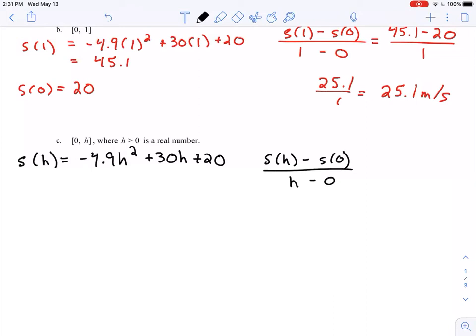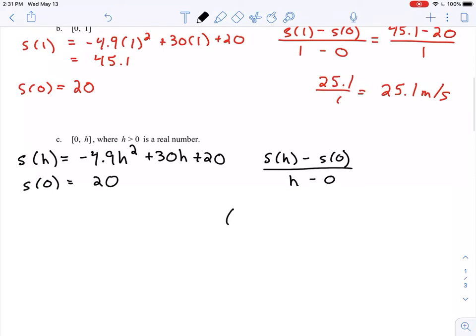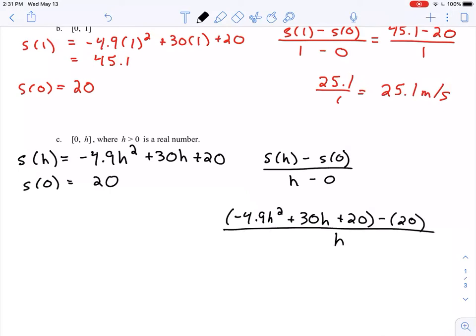S of 0, we've seen that a whole bunch. It's 20. So s of h is negative 4.9h squared plus 30h plus 20, minus s of 0, which is 20, all over h minus 0, which is just h.